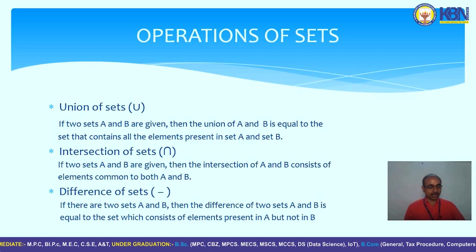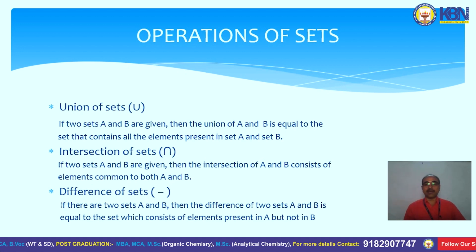Number one is union of sets. That means if two sets A and B are given, then the union of A and B is equal to the set that contains all the elements present in A and B. We have already learnt types of sets: the universal set is nothing but a union. Next one is intersection.